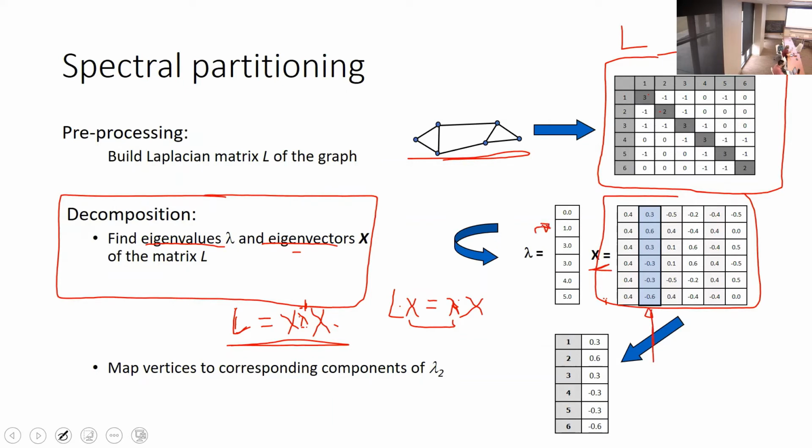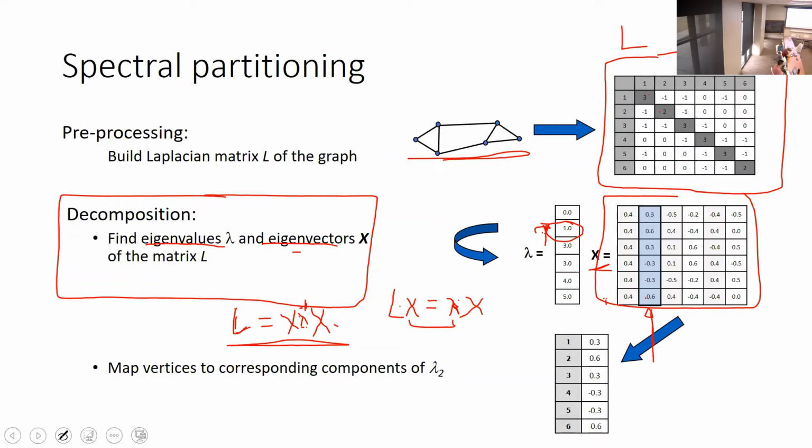So we sort the columns of the eigenvector matrix by the eigenvalues and reorder them. And we use the eigenvector corresponding to the second smallest eigenvalue as our new variable to separate the graph.